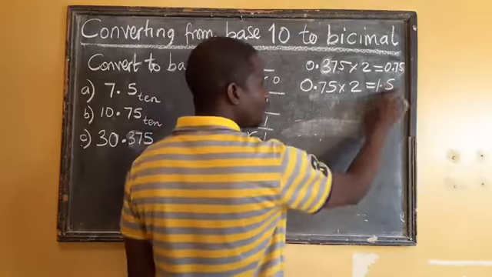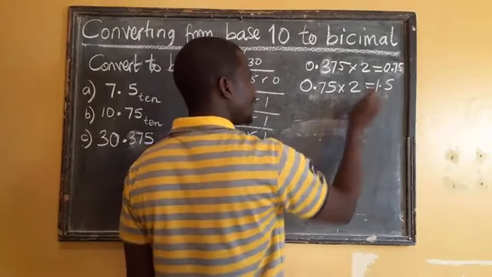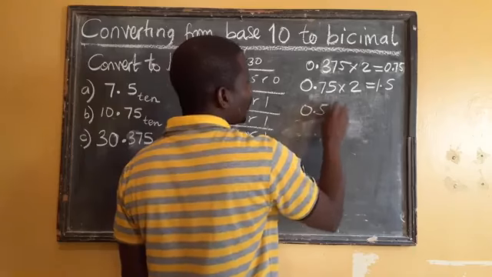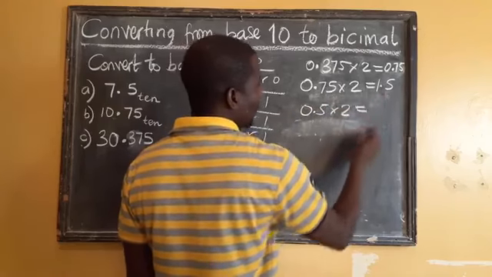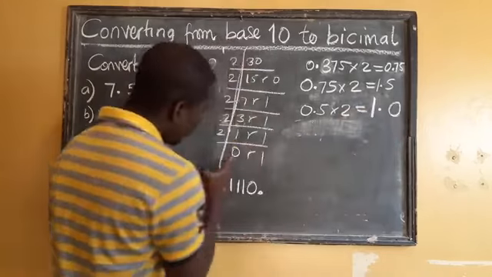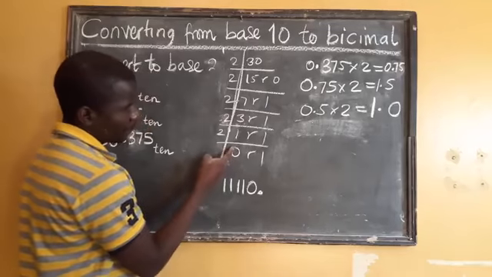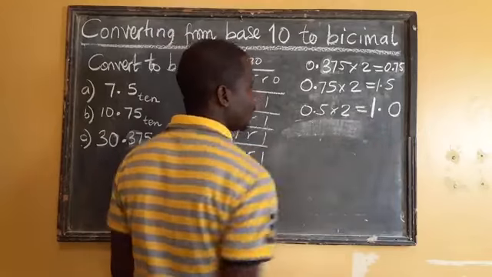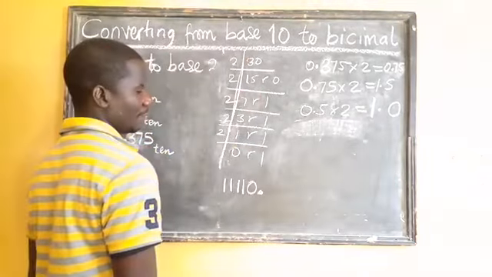Then, from this point now, again we're going to get the decimal number, which is what? 0.5. You multiply this by 2. What are you going to get? Here we're going to get 1.0. You see? Here we wanted this part to be 0, and then until this one is 0, we have 0.0 like that. Okay?